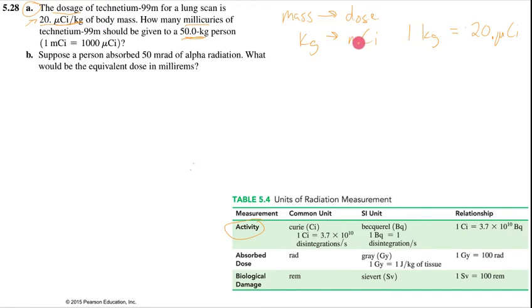A unit dealing with mass to a unit dealing with dose. Now, notice that the specific unit for dose is in microcurie here, and it's in millicurie there. Well, as it turns out, you're given a conversion factor for the second step in the calculation. So let's take care of this.